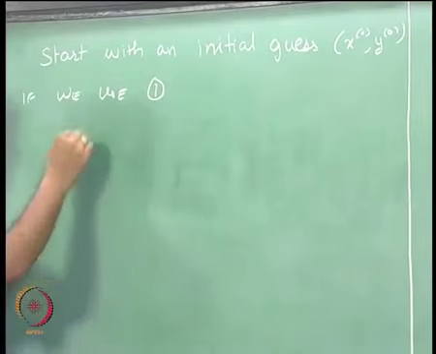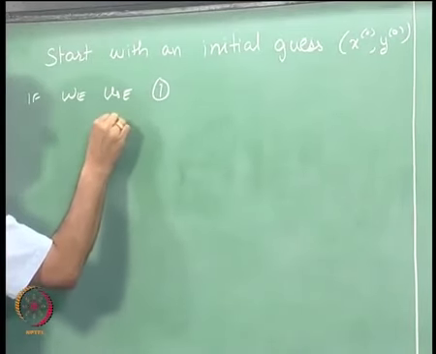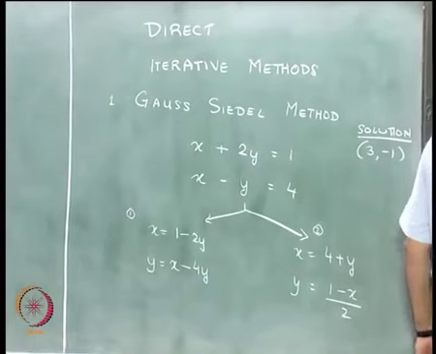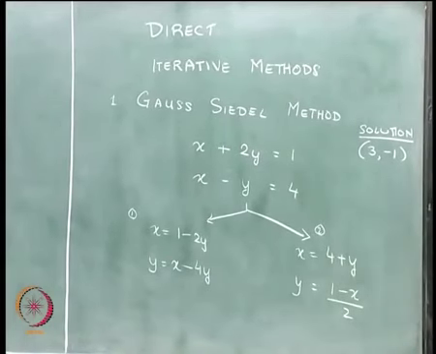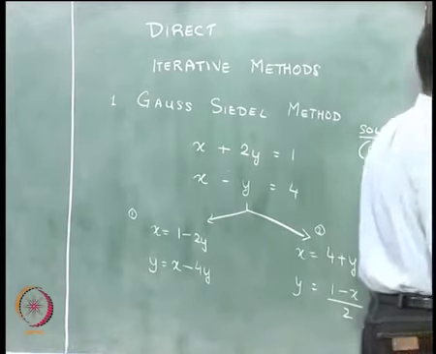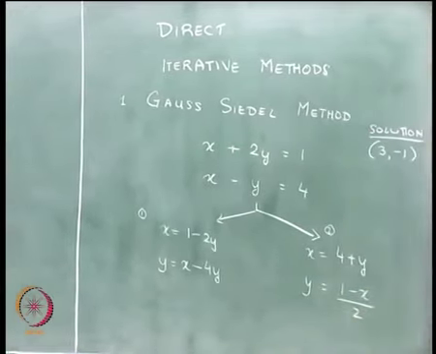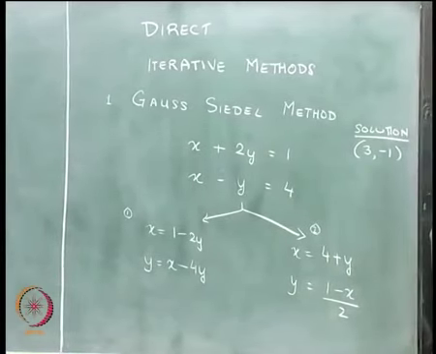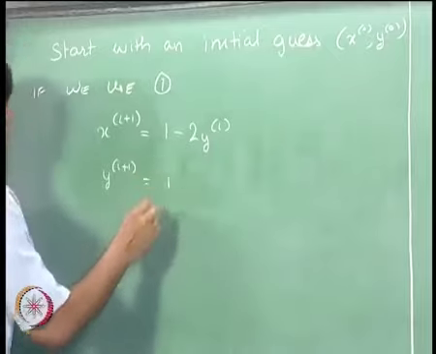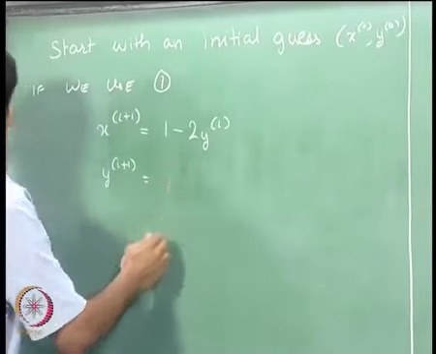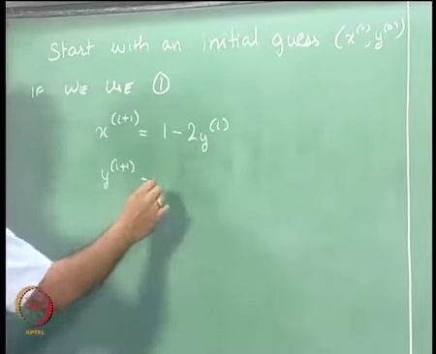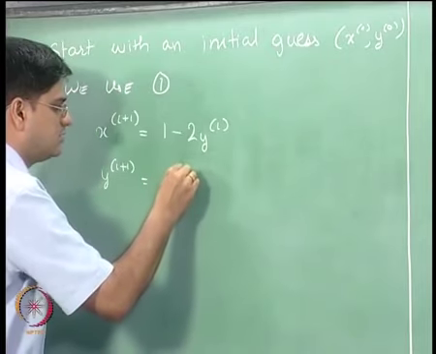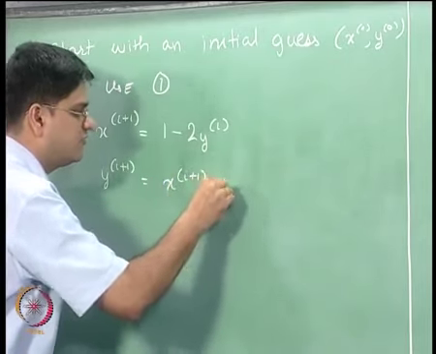In that case we will write x(i+1) equal to 1 minus 2y(i), the value at the ith iteration, and then the second equation we will write as y(i+1) equal to x(i+1) minus 4.